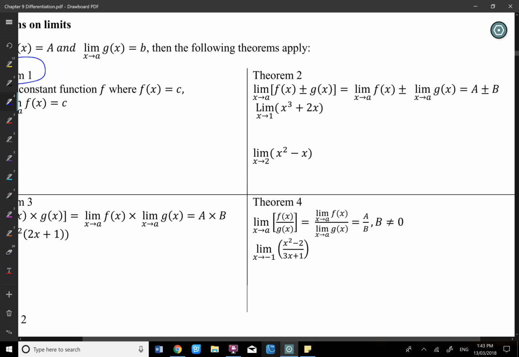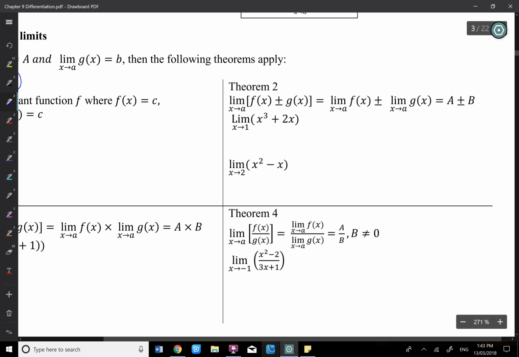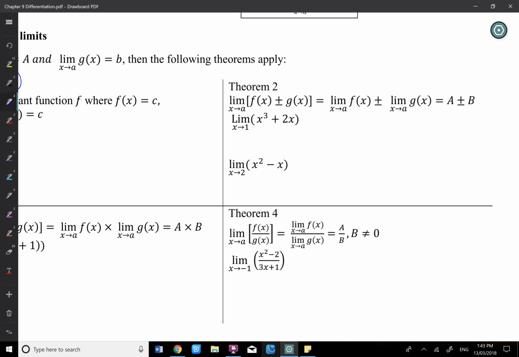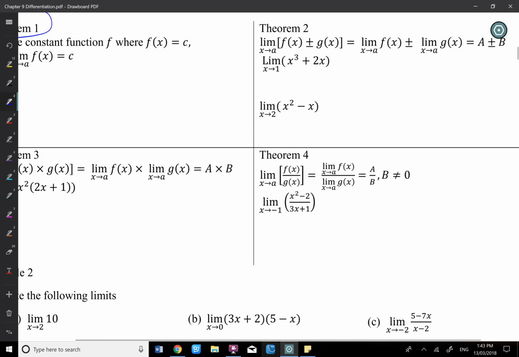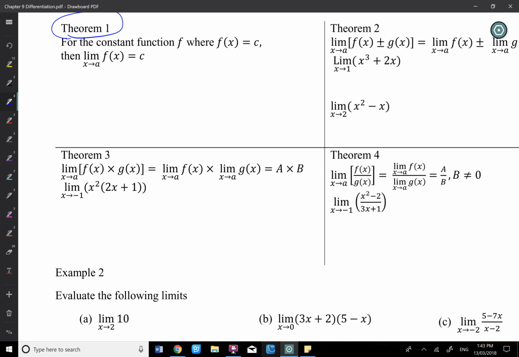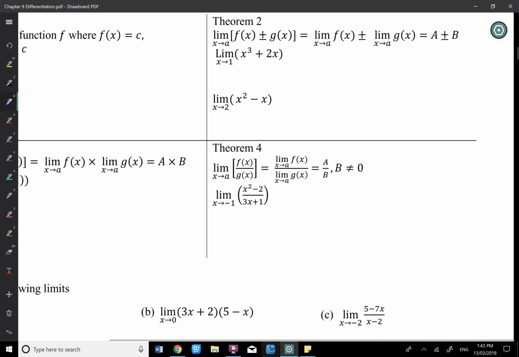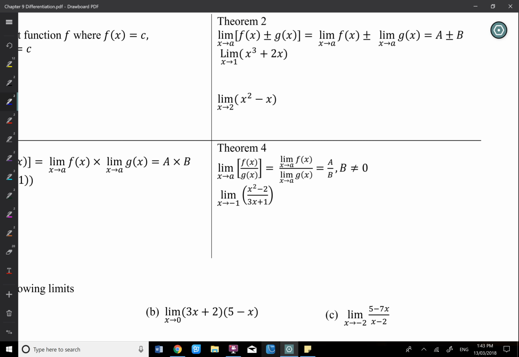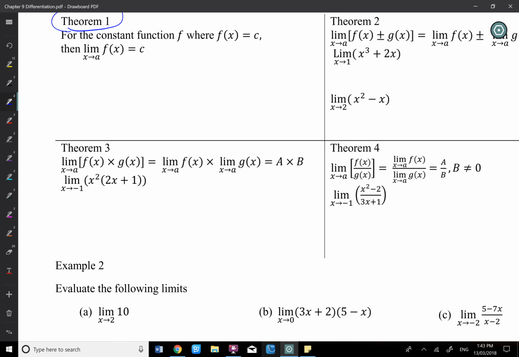What the other 3 talk about is when you have 2 functions added together, you find the limit; that will be the same as finding the limit of the separate functions and then adding them together. Or when you subtract 2 functions, you find the limit separately and subtract. When you multiply 2 functions, find the limit separately and multiply. When you divide 2, find the limits and then divide them. So it's nothing really fun.